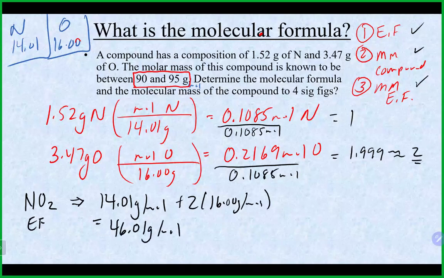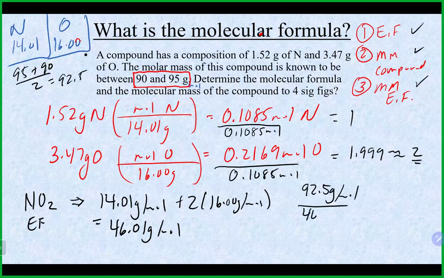So now, since we have a range here, what number can we use? Well, we could average the two. You can take 95 plus 90 divided by 2, and you get 92.5. So why don't we use that one? We'll take 92.5 grams per mole divided by our empirical formula, 46.01 grams per mole.